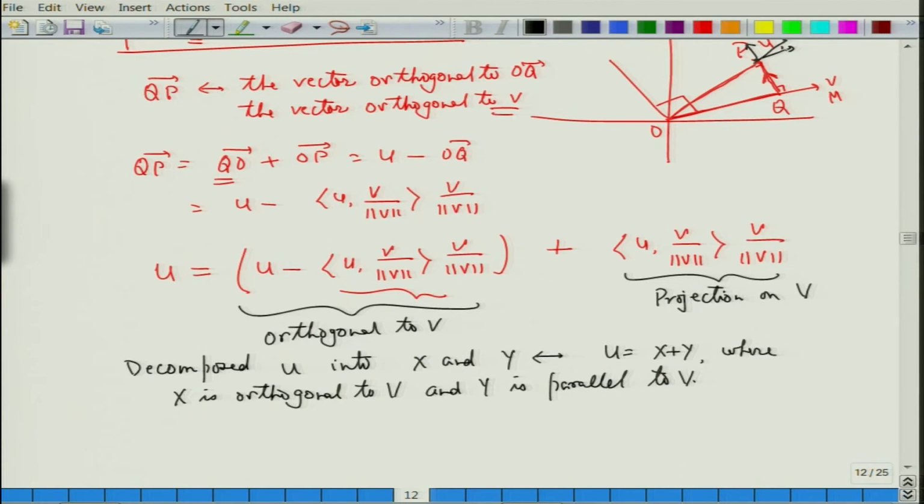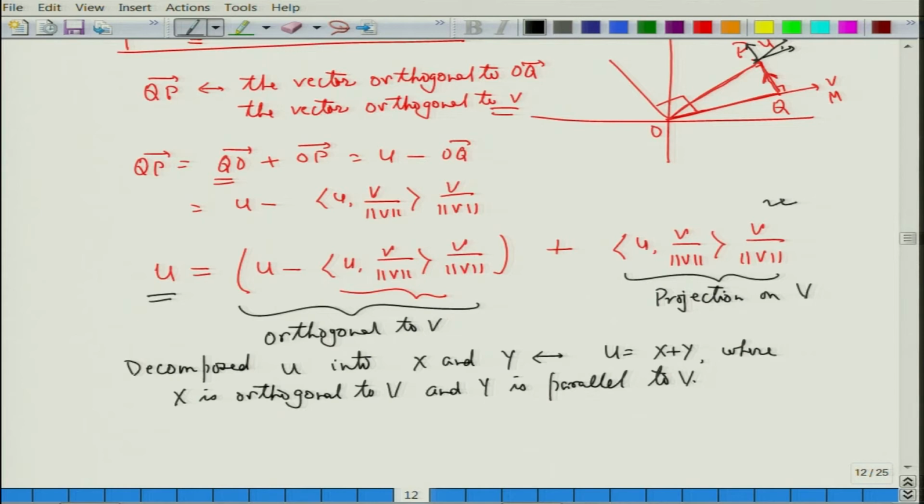Fine. So u cos theta is this part and this is the u sin theta part. So in the language of vectors, what we are saying is that I have decomposed u into two things, one which is perpendicular to v and the one which is parallel to v. Is that okay? That is what you have to understand, and the idea is very simple.